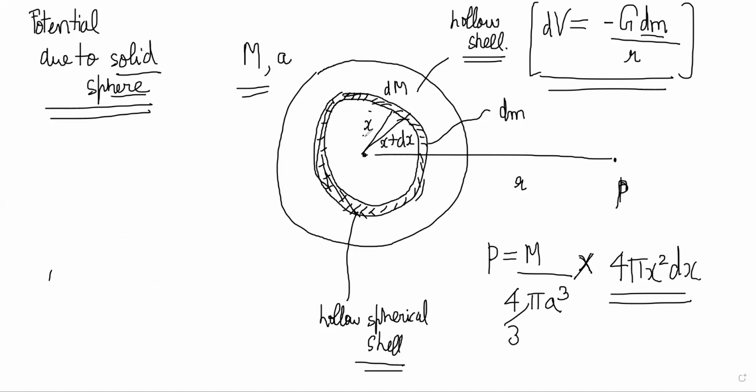One sphere has surface area 4 pi x squared, and that has a depth of dx. So you multiply 4 pi x squared by dx, as if you're considering all those spheres together with a tiny depth of dx. The surface area of the inner sphere multiplied by dx should be the volume in the space. Yes, sir. 4 pi cancels. Your mass dm is coming out to be 3M x squared dx by a cubed.